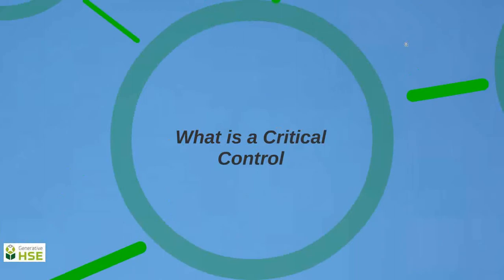Okay, so how does the workforce know that tasks are critical and the controls that are required to manage them? Critical controls should be used in conjunction with a pre-start or pre-task assessment tool. For example, when the worker is walking the job, they should have a checklist that prompts them to assess if the task they're about to conduct is critical, and if so, what critical controls need to be in place.